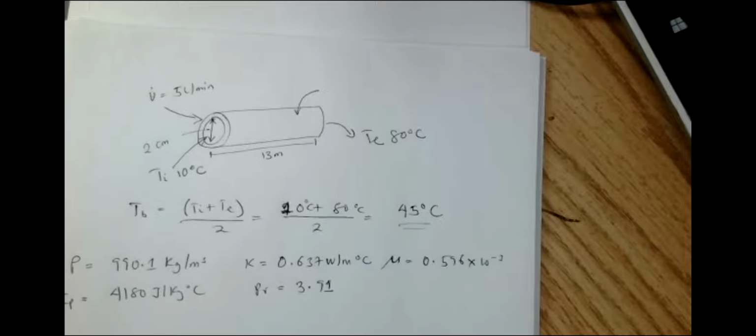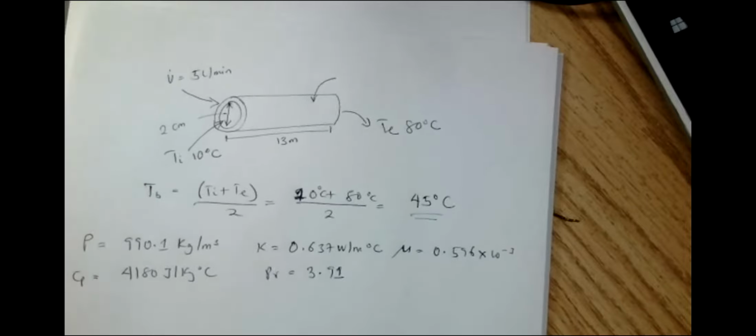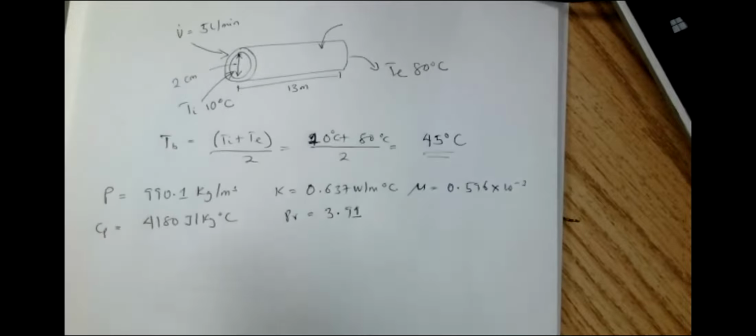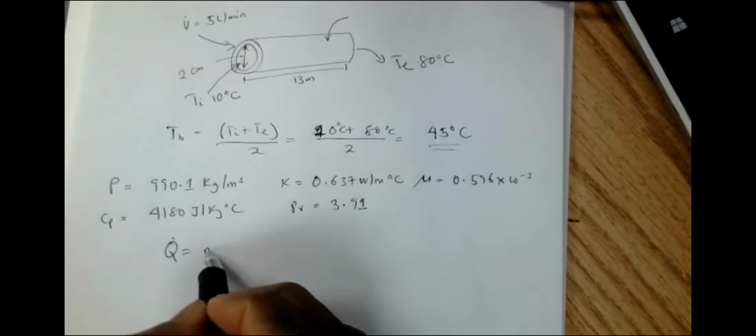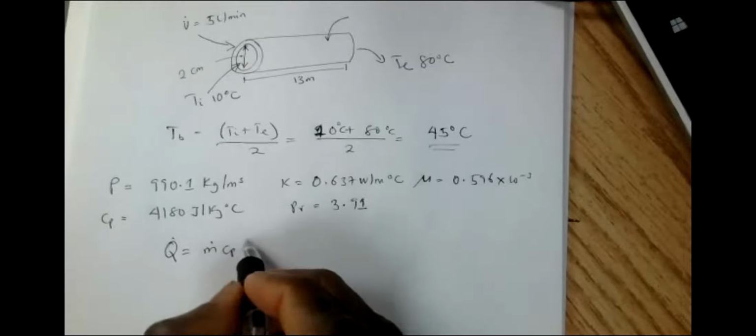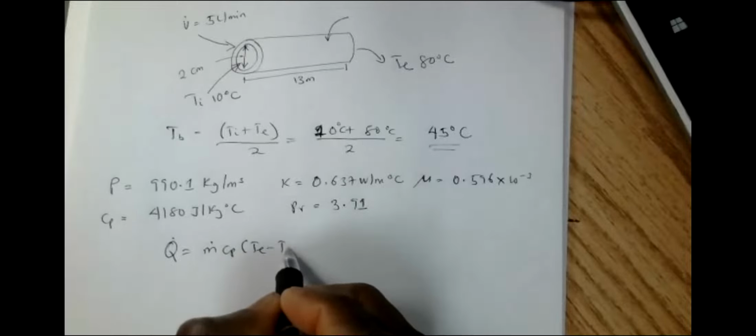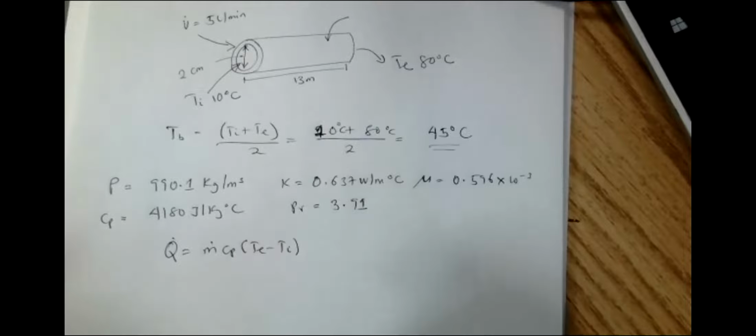All right. So the first thing we can do is, it is asking us to find the power rating of the resistance heater. And that is a pretty straightforward one because the power in the circuit can be found by using this expression. It's just the amount of energy transferred into the fluid.